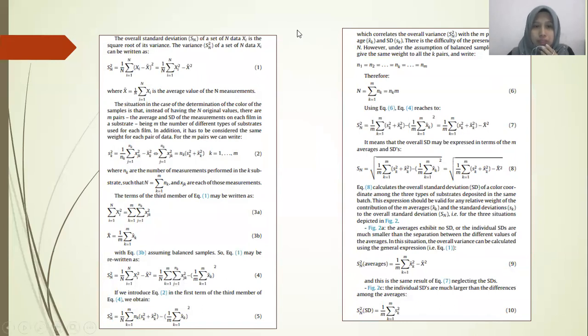So the researcher already identified how to calculate the standard deviation.